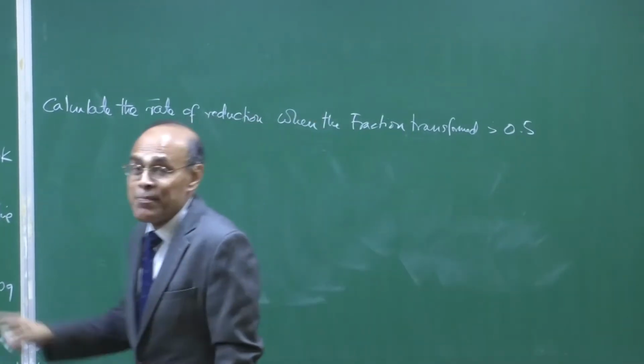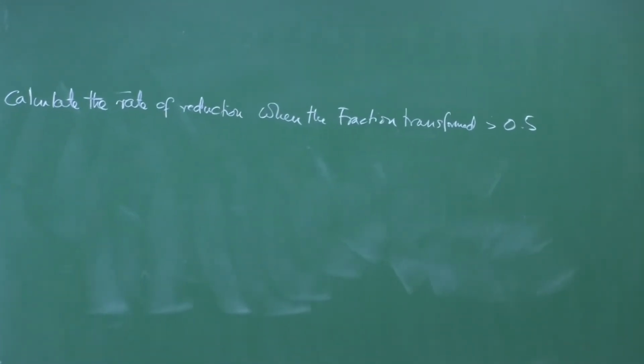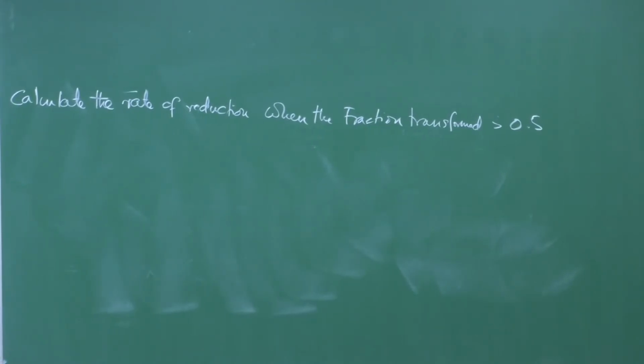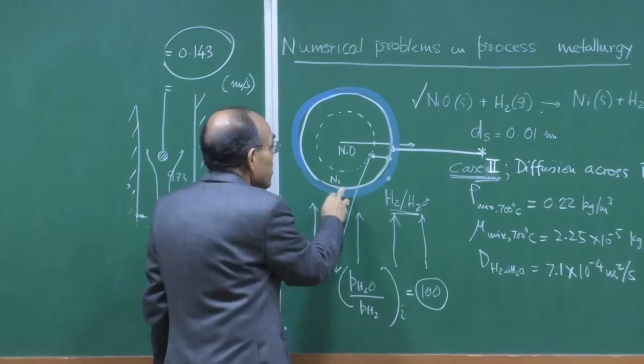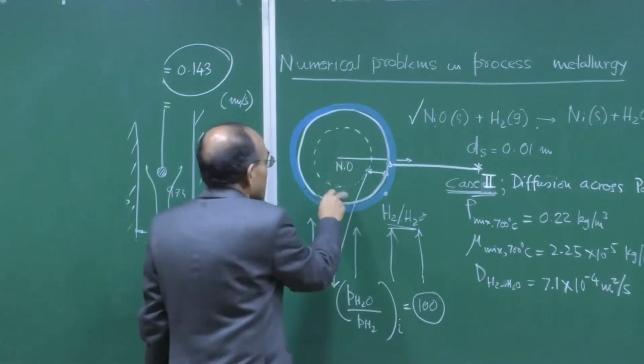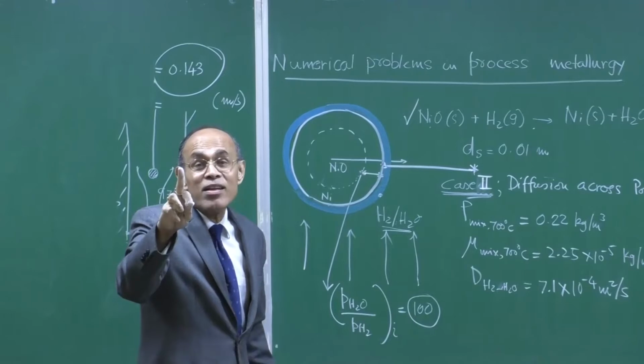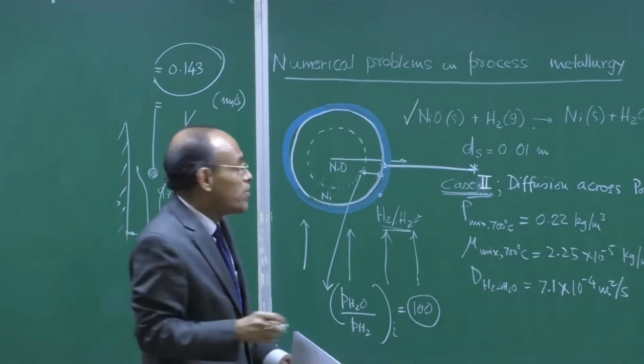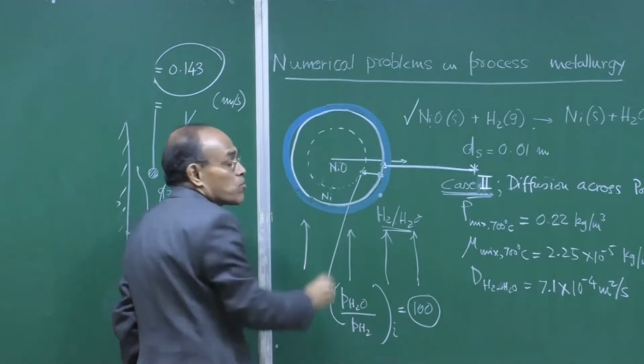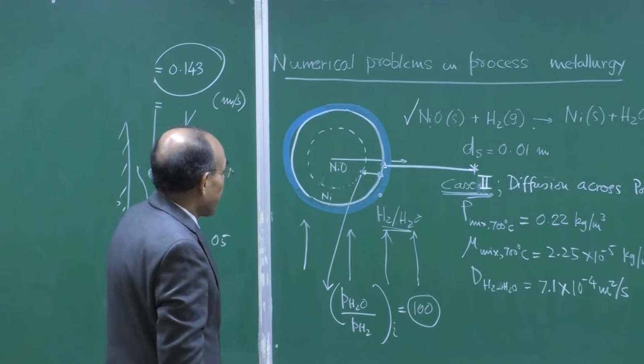You must remember, at time t equal to 0, fraction transformed is 0, nothing is transformed. On the other hand, when reduction is complete, fraction transformed becomes equal to 1, there is no residual nickel oxide left. So, the entire solid has now become porous nickel.